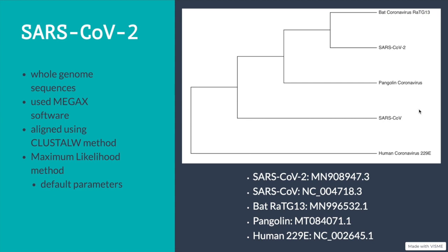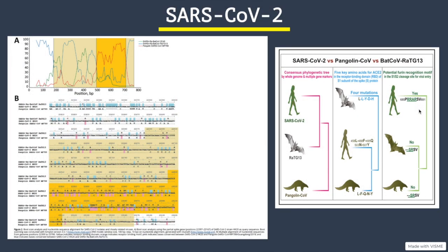However, what's interesting is that a paper that came out several days ago found that a specific region of the SARS coronavirus 2 genome is most closely related to the pangolin coronavirus instead of the bat coronavirus. And so this image here is a similarity plot of the SARS coronavirus 2 to the bat coronavirus and the pangolin coronavirus.